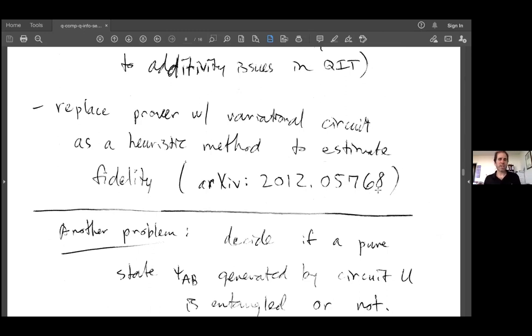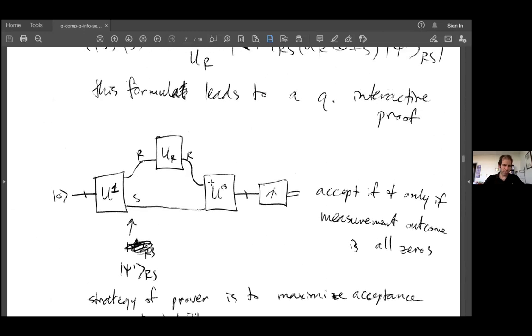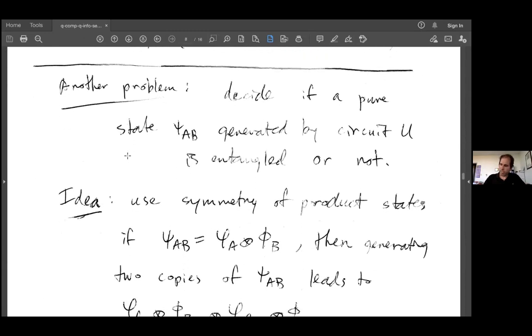They did this, and they used I don't know which quantum computer they used, but they used one of them as a heuristic method to estimate the fidelity. Although I don't believe they remarked about this, that replacing the prover with a variational circuit, but that's effectively what's going on.